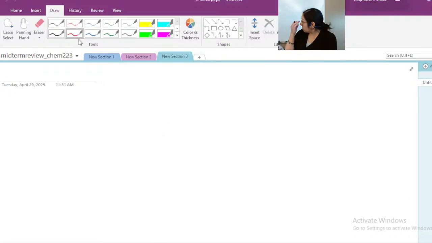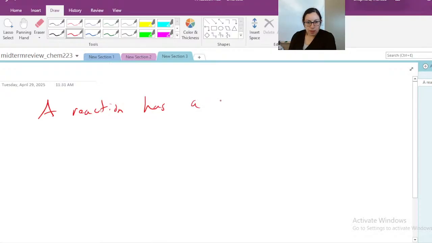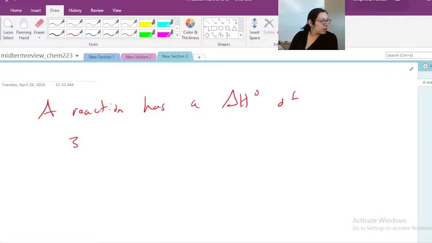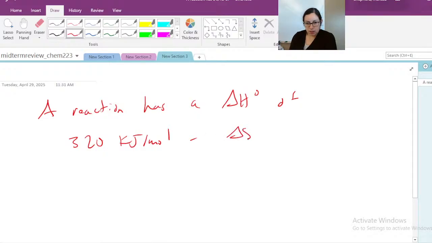All right, so let's just switch gears to another type of problem on your test. So now a reaction has a delta H of 320 kilojoules per mole and a delta entropy of 101 joules per mole.